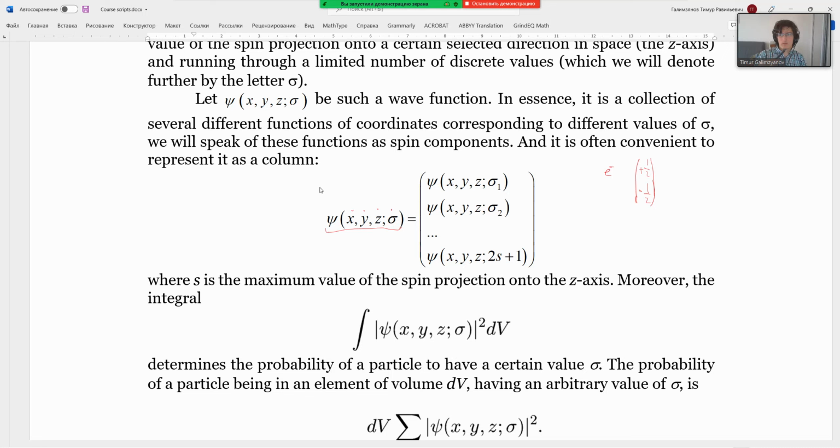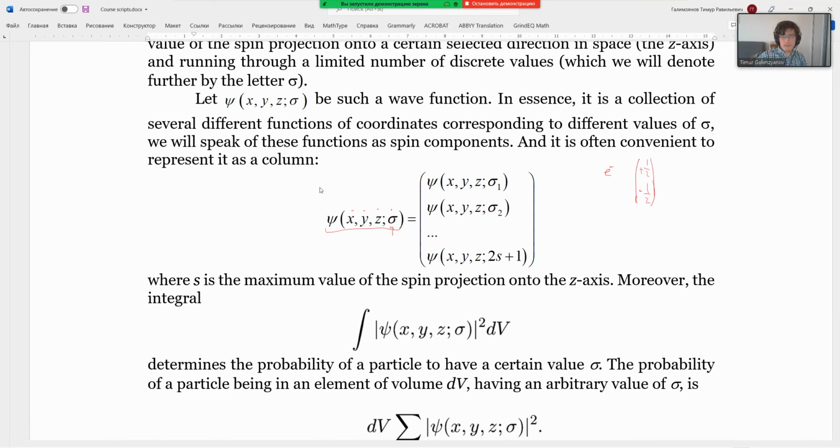It can take only a discrete set of numbers. And that means that this fourth coordinate, sigma, can have only discrete values.